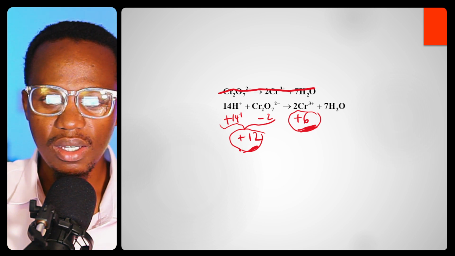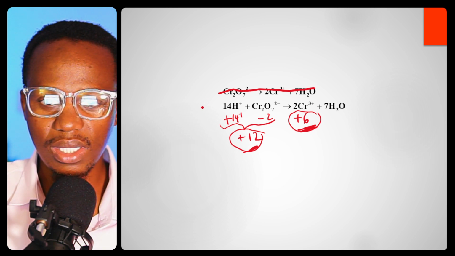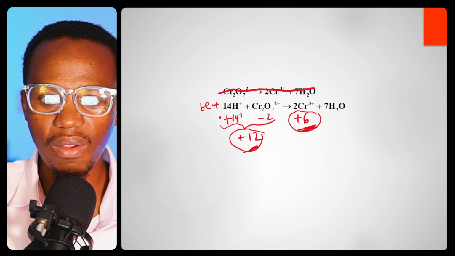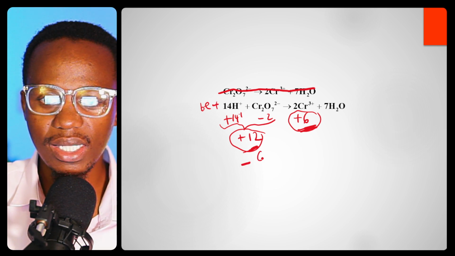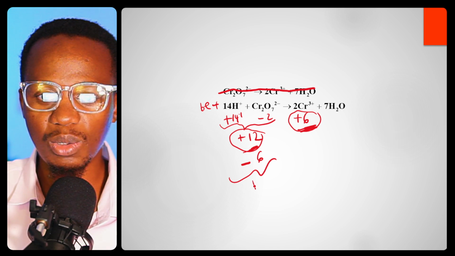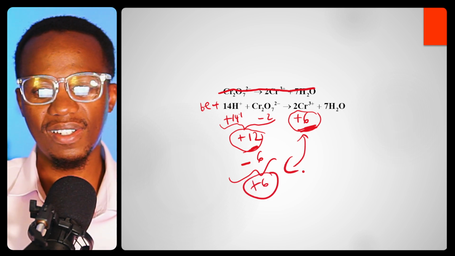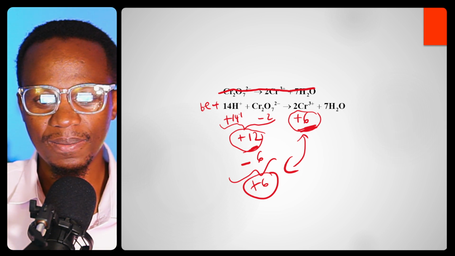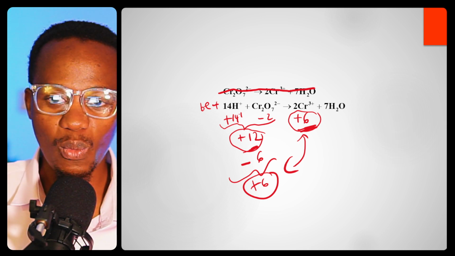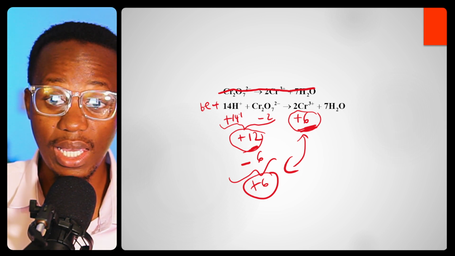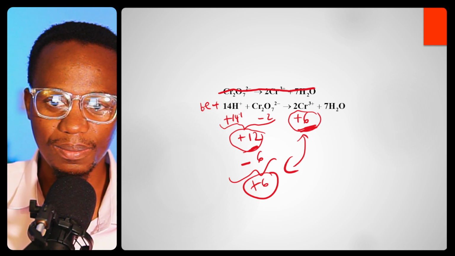So here, if I add 6 electrons, it is equivalent to me saying minus 6, so that it is equal to plus 6, and we have equal charges, right? This is how we decide what electrons to add on the other side.